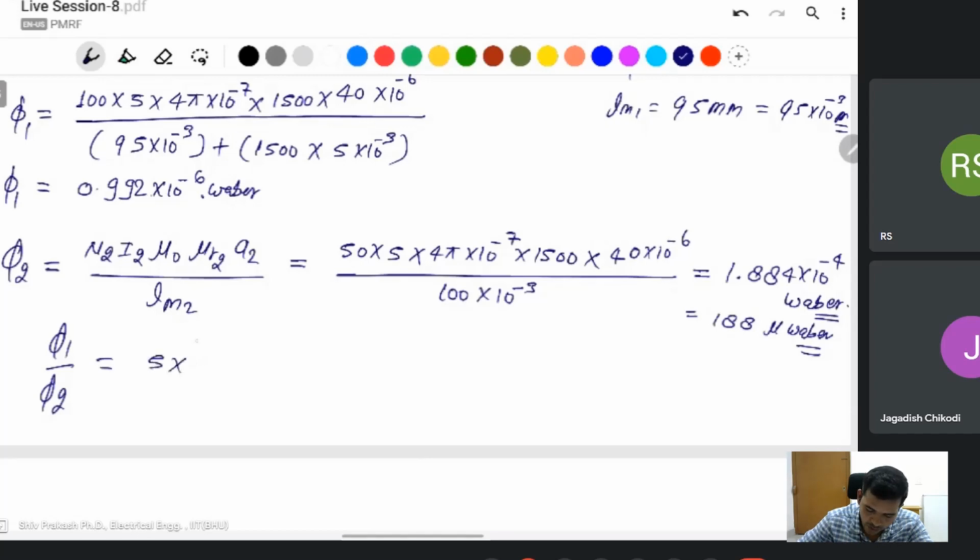So 5.27 into 10 to the power minus 3 is phi 1 by phi 2. So 0.00527.